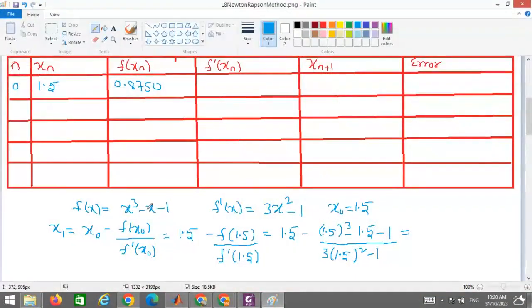Someone got 1.701, please check it. Now divided by f dash of x, which is 5.7500. So when I divide 0.8750 by 5.7500 and subtract from 1.5, I get the answer as 1.3478.